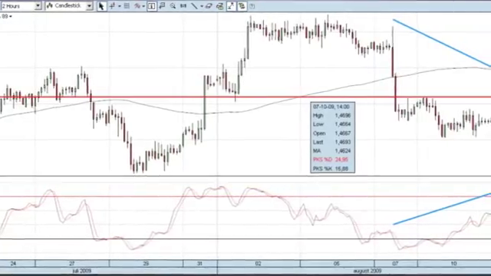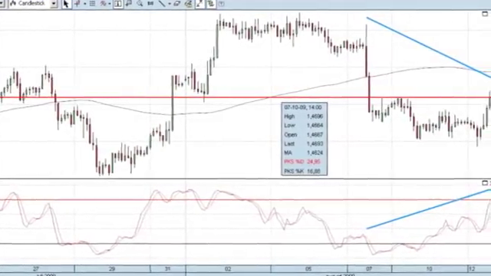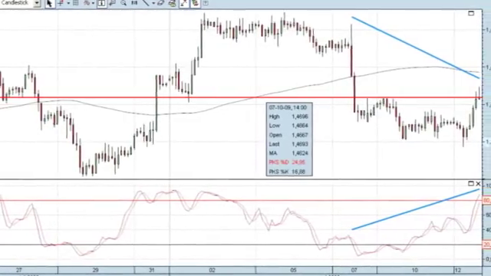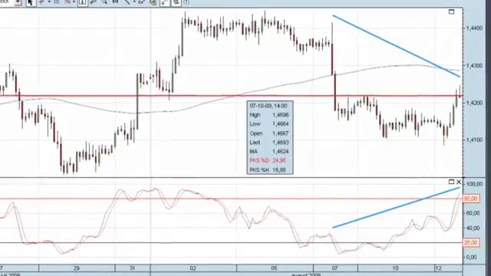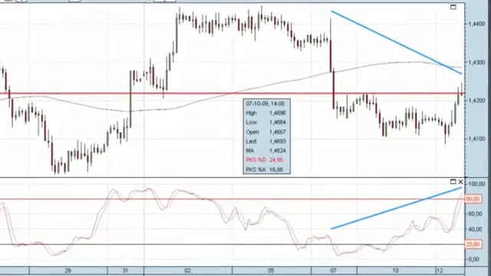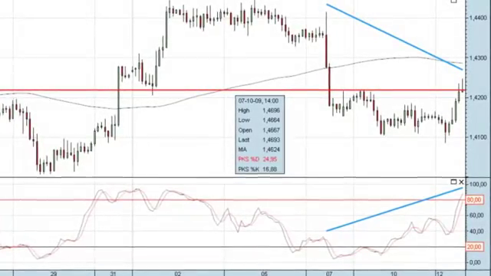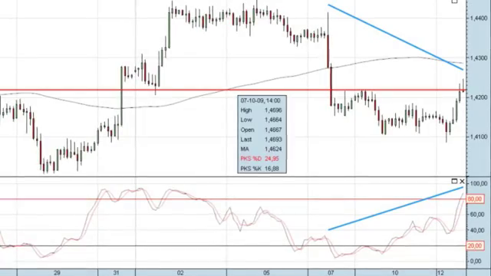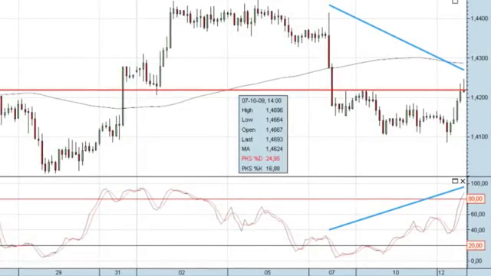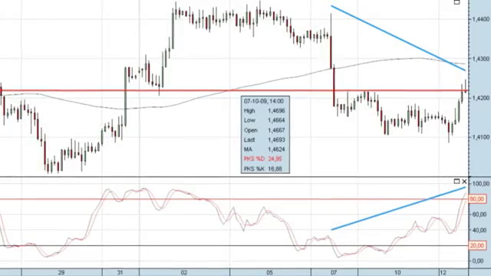On the price chart, the market has gone from being range bound to breaking down, and I'm able to draw a blue line signifying that the market has made a high and a lower high. However, on the momentum indicator, where I use the stochastics for this setup, you can see how it is making a series of rising highs. I have drawn a blue line on the momentum indicator signifying that it is making a rising high.